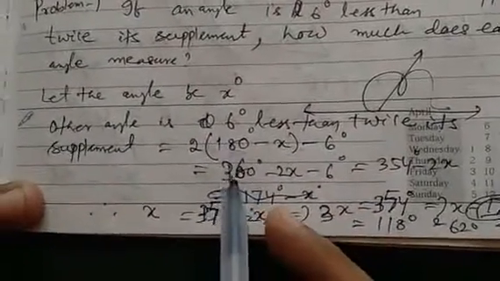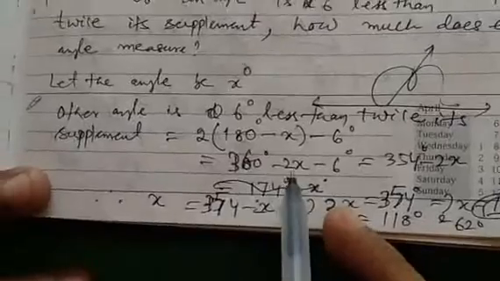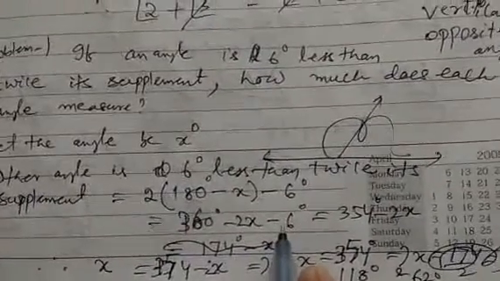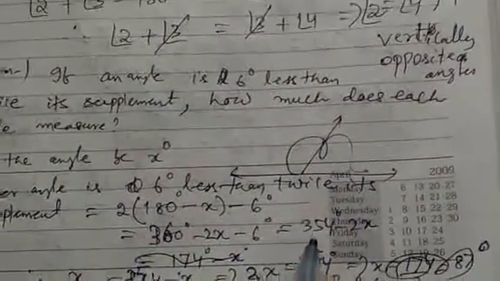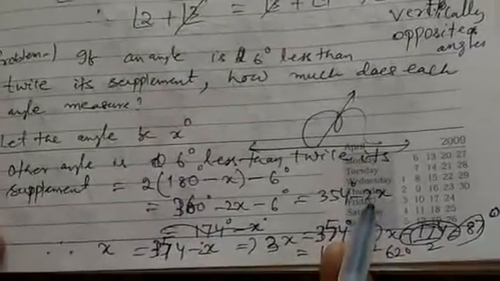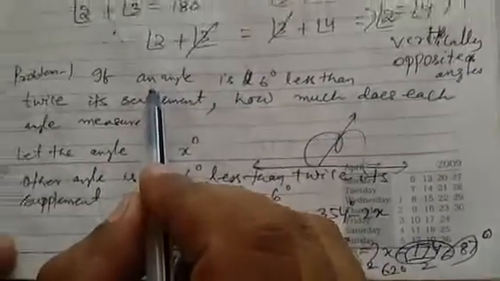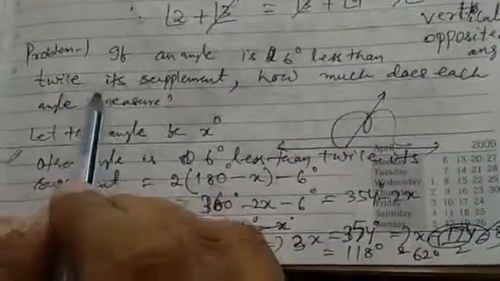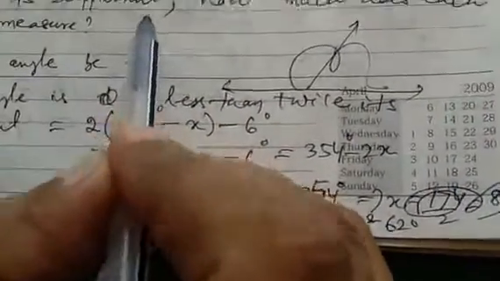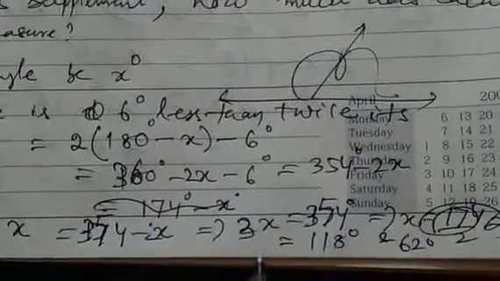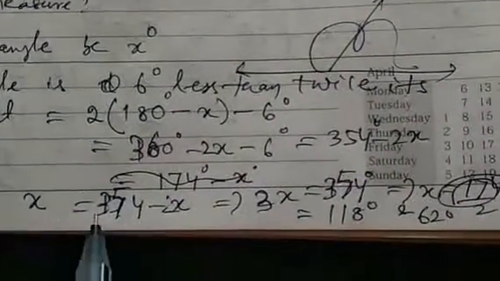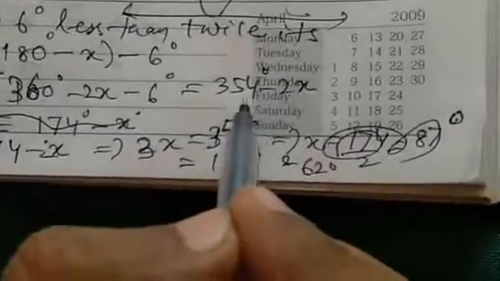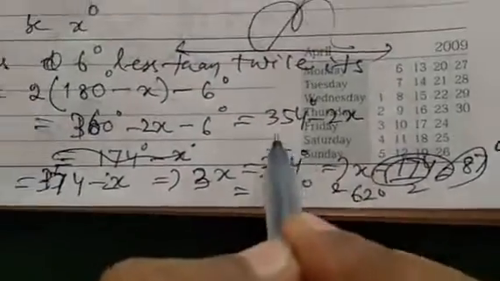So what you got here: 360 degree minus 2x minus 6, that is equal to 354 degree minus 2x. So x is equal to 354 minus 2x.